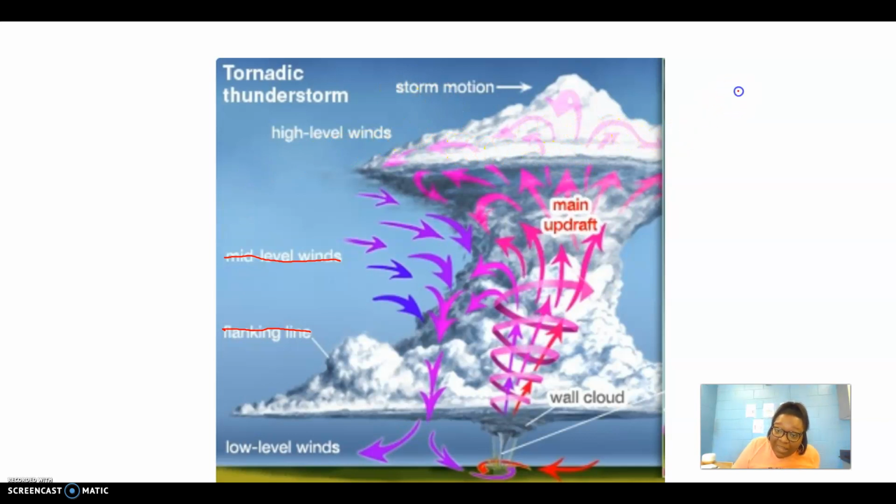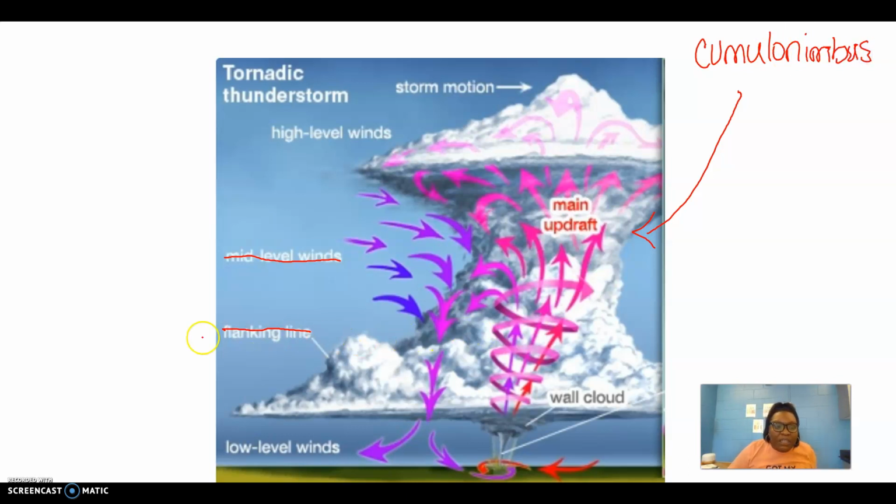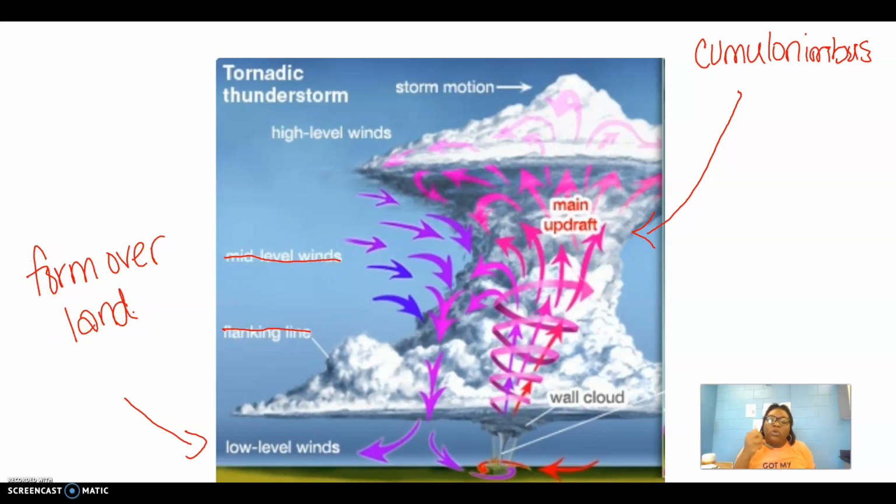What's important for you to recognize here is these big clouds that we see here are cumulonimbus clouds, just like we saw in our hurricane. It's important for us to know that tornadoes form over land. You'll also notice here that we see those low-level winds.